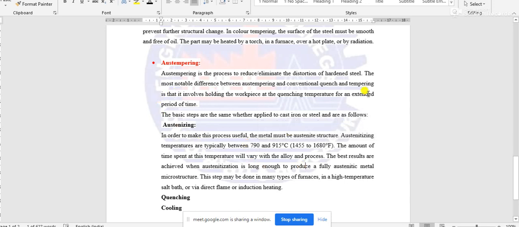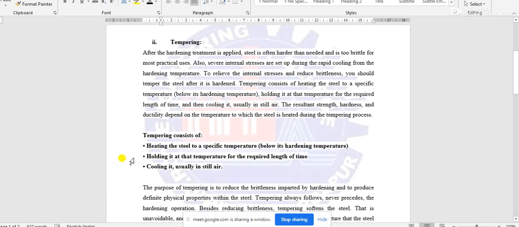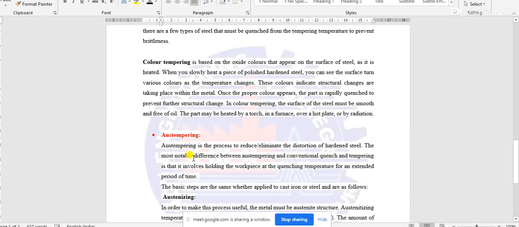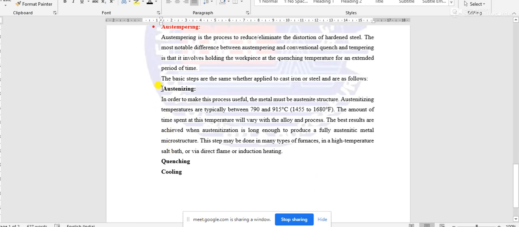And obviously the quenching and cooling process, meaning the next two steps of tempering, will be the same, but the step of the austenizing process is the process by which the normal steel will be converted into austenite steel. That means the iron present in the steel will be converted into austenite iron or gamma iron.